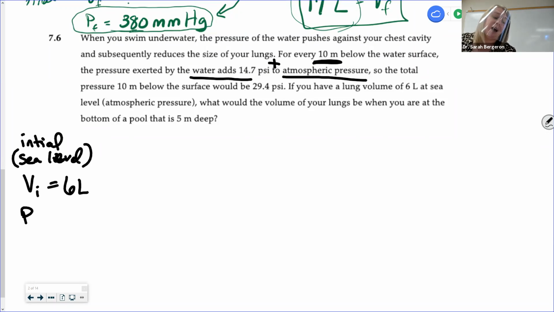So my PI is equal to 1 ATM, but was I given anything in ATM in the problem? No. What's the pressure unit I was given in the problem? PSI. So can we go ahead and convert that real quick to PSI? What's 1 ATM equal to? 14.7 PSI.